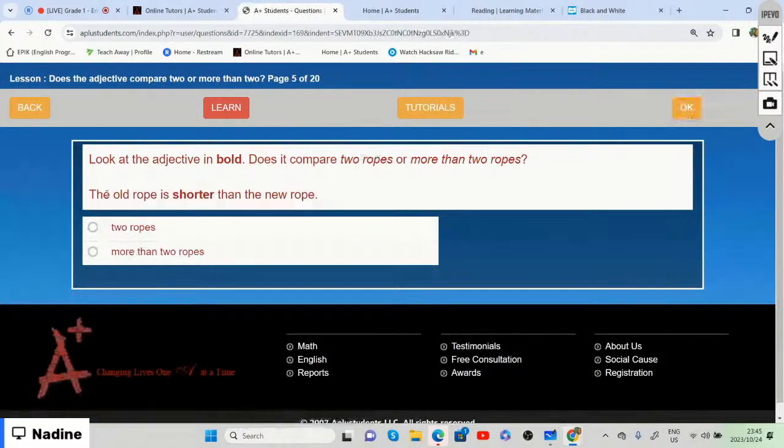And then, the old rope is shorter than the new rope. Are we comparing two ropes or more than two ropes?